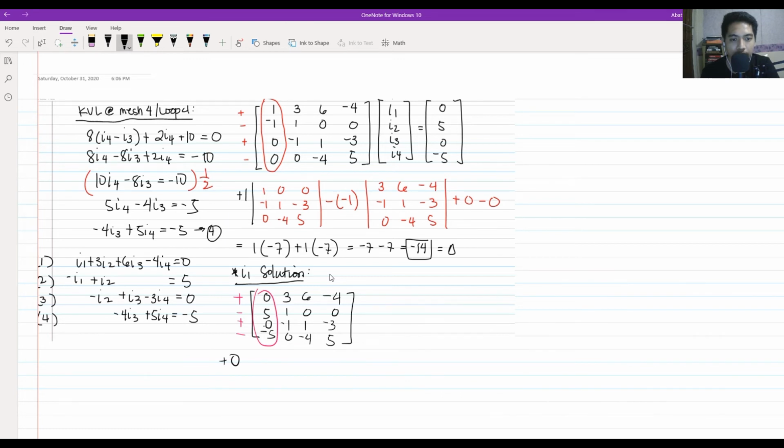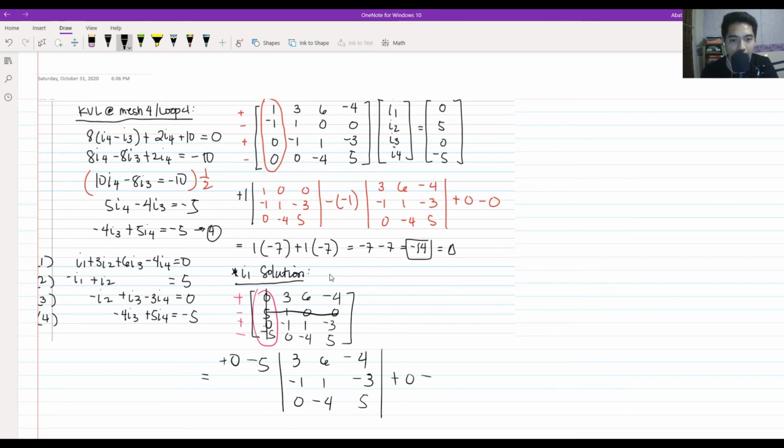Since this is 0 multiplied by 0, it would be 0. Minus, we have 5, and then the determinant covering this portion: 3, 6, negative 4, then negative 1, 1, negative 3, and then 0, negative 4, and 5. Then we have plus 0 again. Any number multiplied by 0 would be 0.